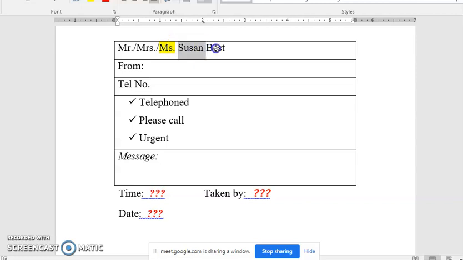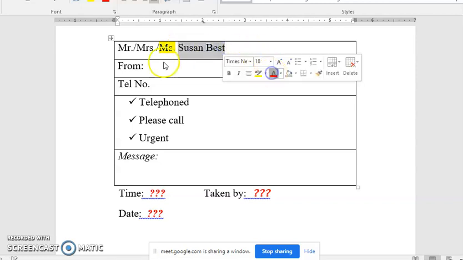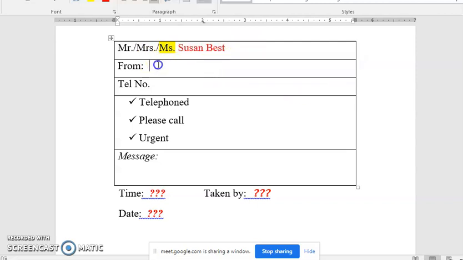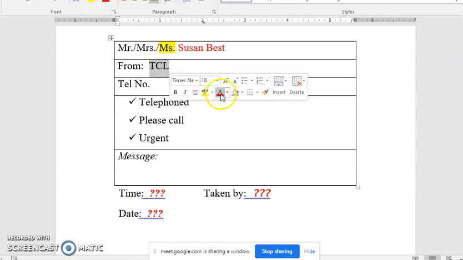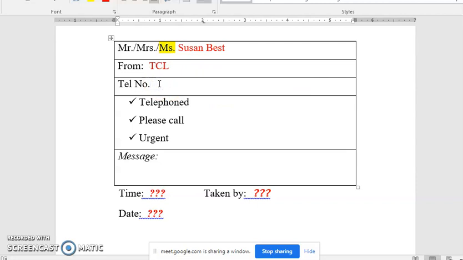Where does Suzanne Best, where is she calling from? What organization? TCL, good. Did she give a telephone number? Okay, what's that number? 493-6825. So this is the number that she could be reached at, right?